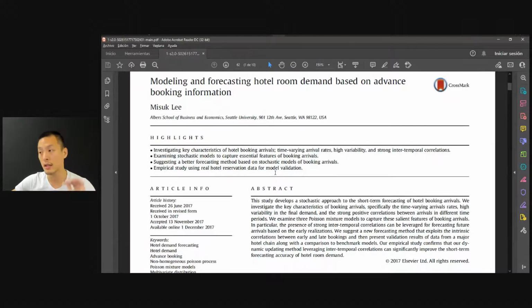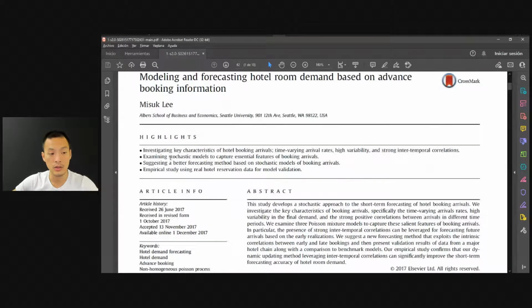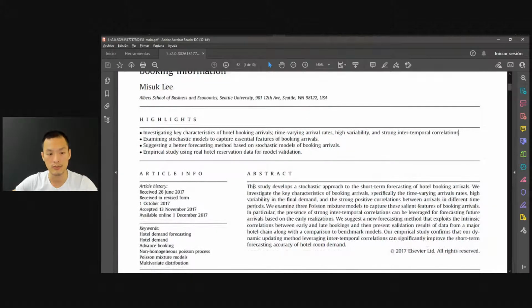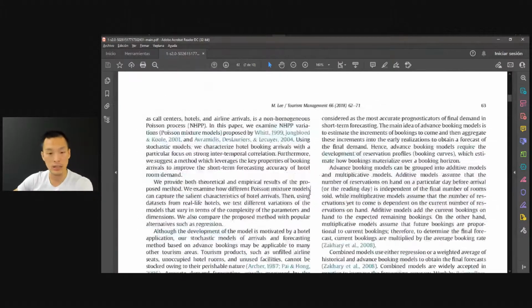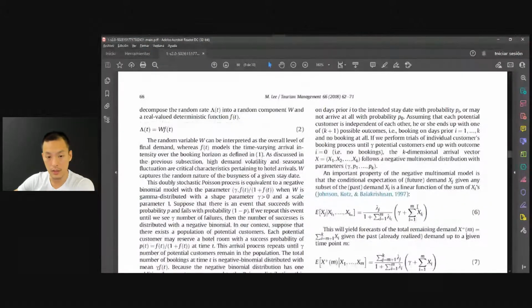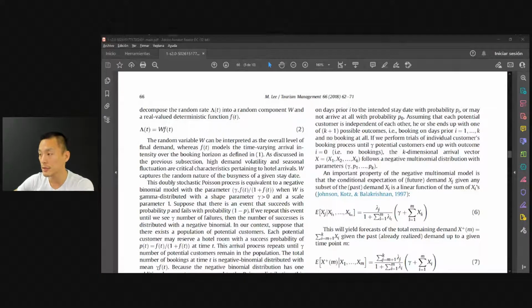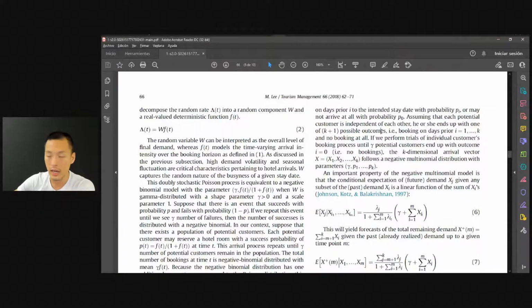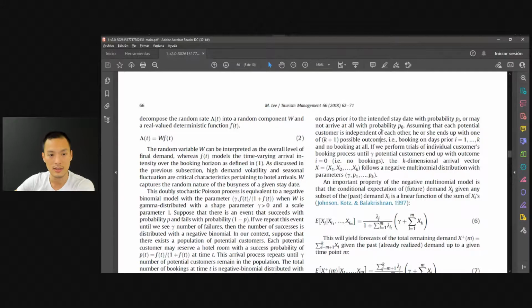You need to understand what stochastic means. You need to understand what intertemporal means. You need to understand what Poisson mixture models mean. And then when you go down to the equation part, you need to know what all the equations and parameters mean, right? And that's why analytical reading is so hard. You don't want to do that all the time. It's tiring.